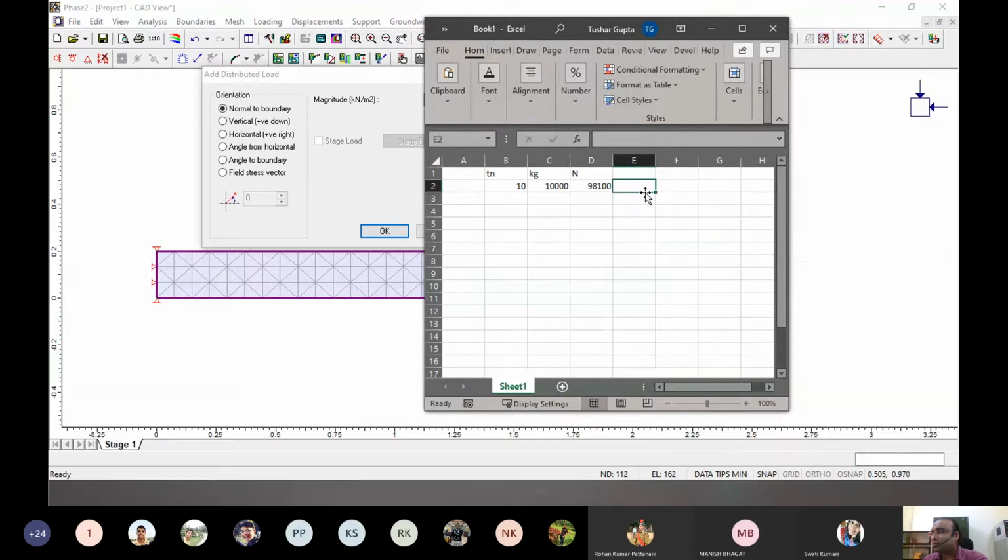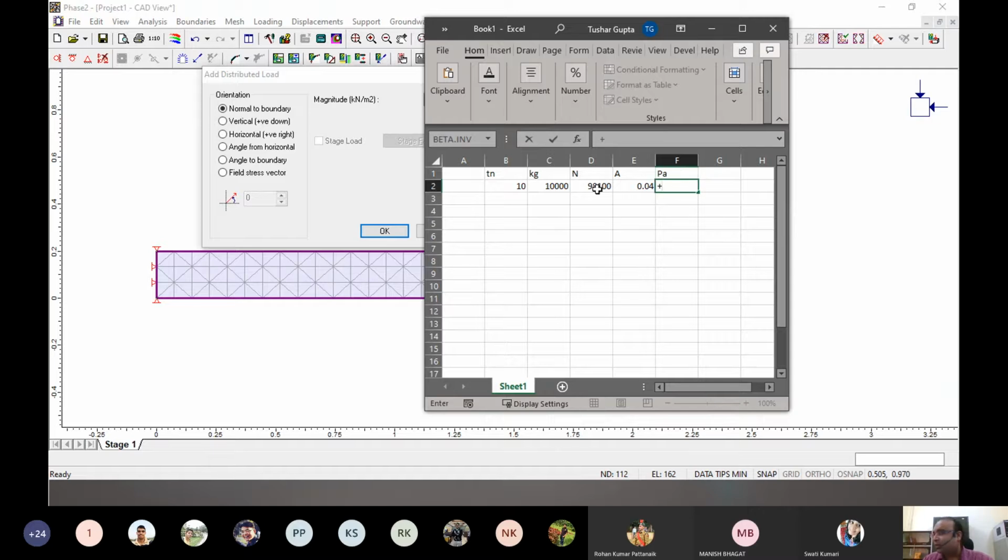So assuming it as a 0.2 into 0.2 square beam, so the area will become 0.2 into 0.2, right? That is 0.04.